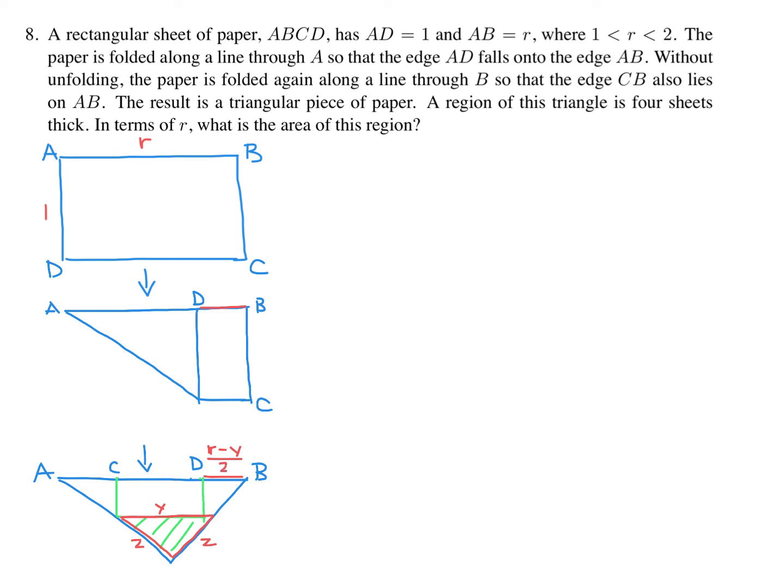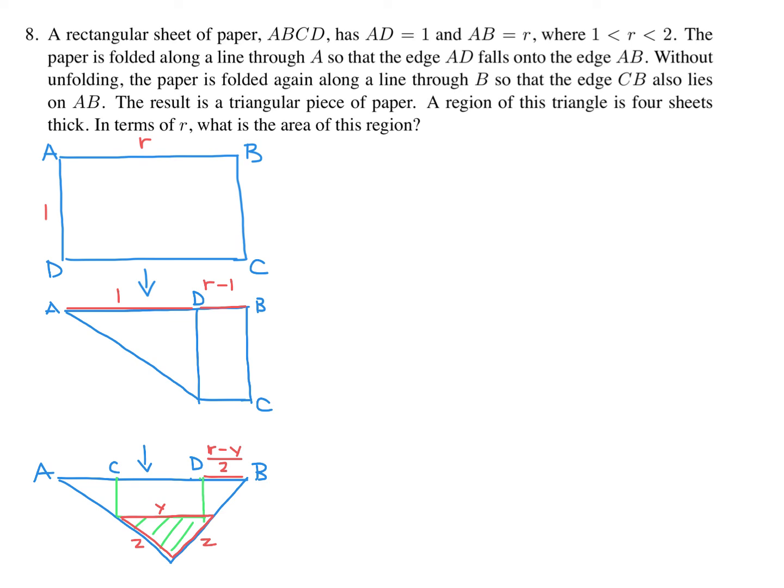And then this segment up here, which is essentially the same thing as dB, is interesting because when you folded this AD and it came up here, AD is 1, so that means AD from there to there is also 1. But this whole distance was R, so dB is R minus 1. So I hope that makes sense. Hope that isn't too confusing.